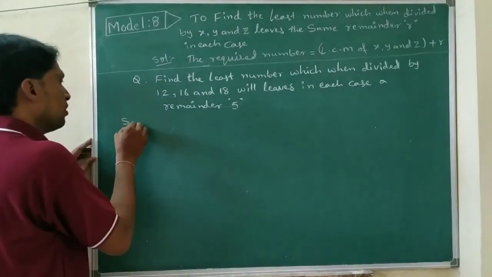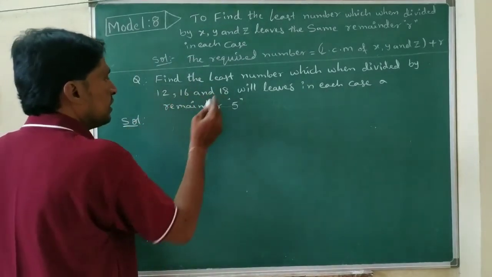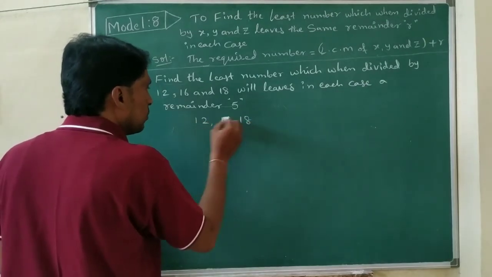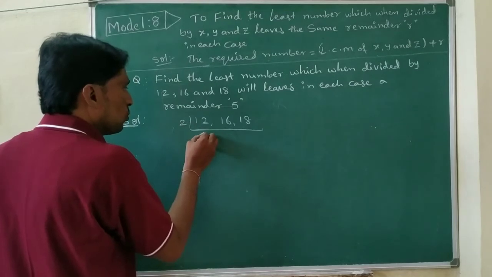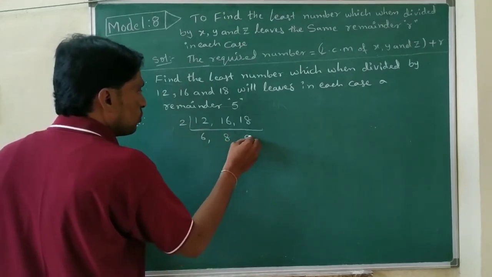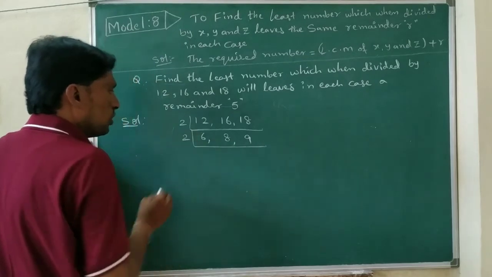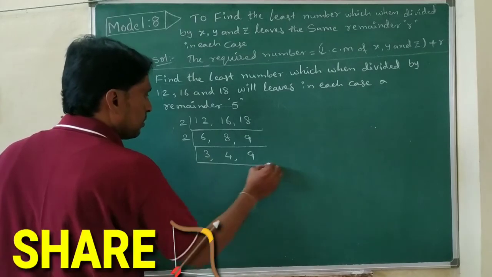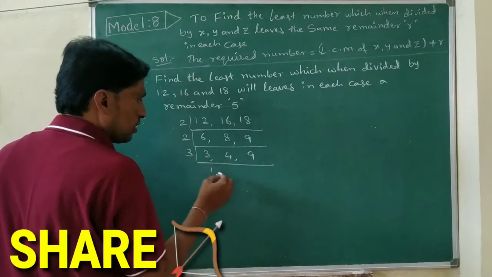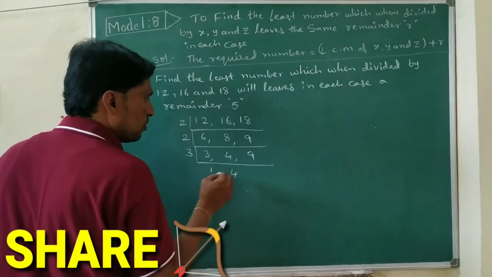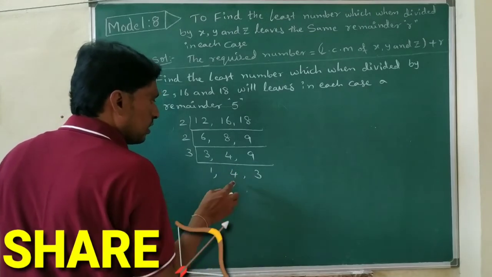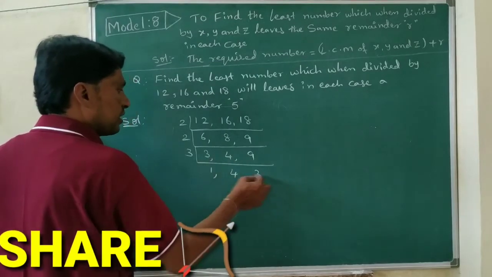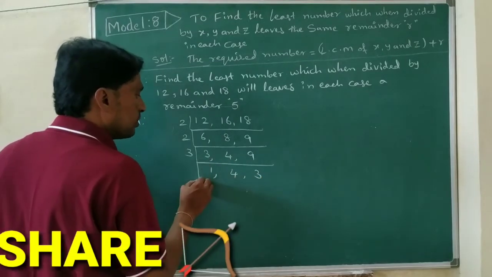Now here the given numbers are 12, 16, 18, and we need to find the LCM. Dividing by 2: 6, 8, 9. Again by 2: 3, 4, 9. Now by 3: 1, 4, 3. When the last row has primes, we can stop.